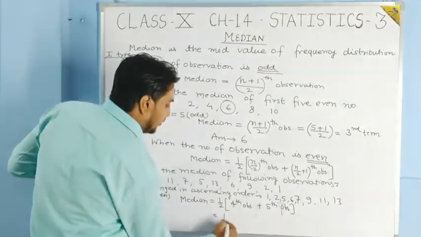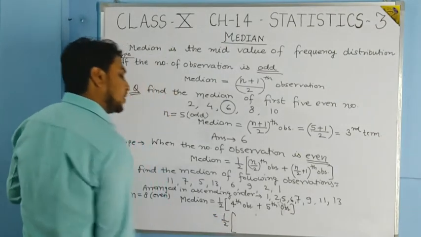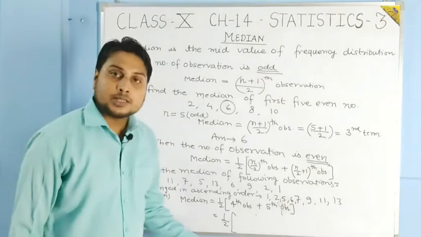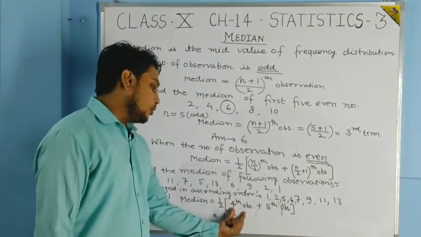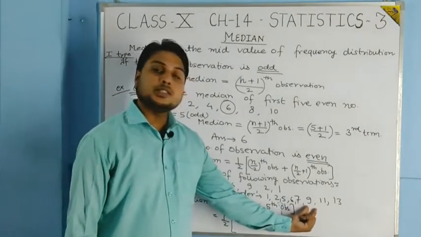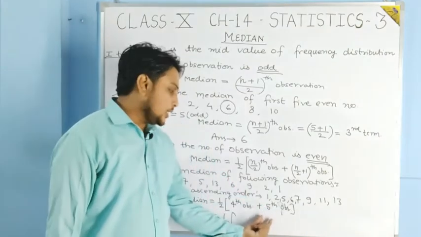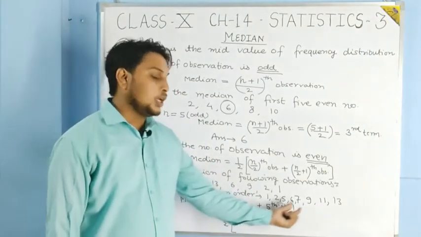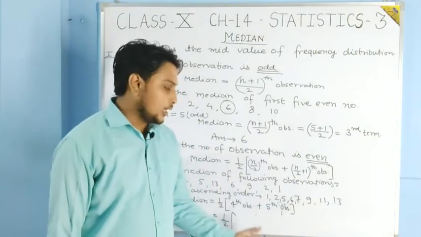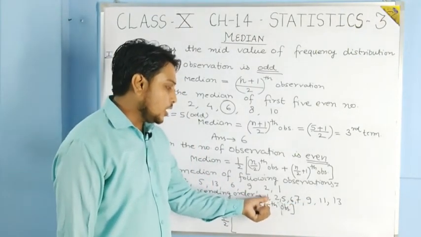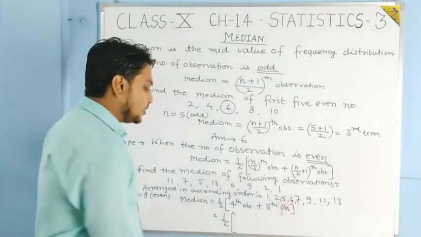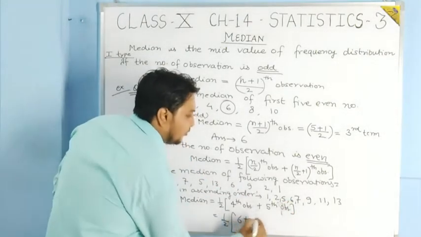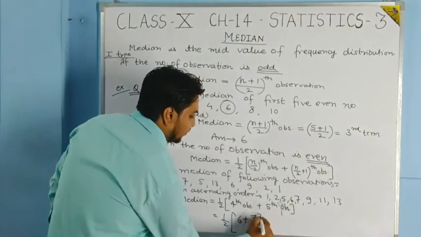So now put the values in 1 by 2. Students, you will see the fourth observation in your arranged data, not from the question. In the arranged data, 1, 2, 3, 4, the fourth observation is 6 and the fifth observation is 7.